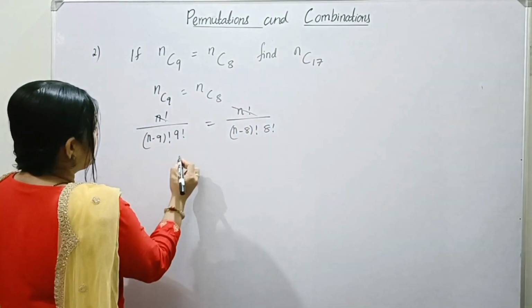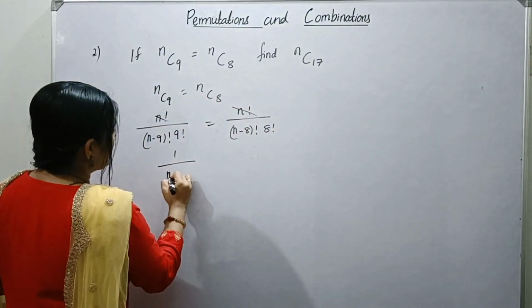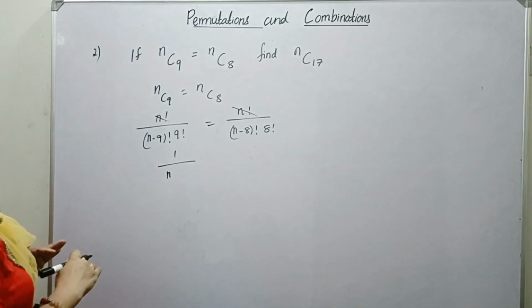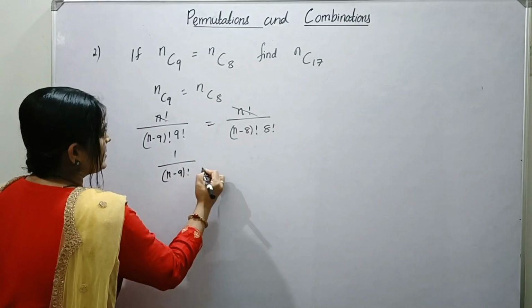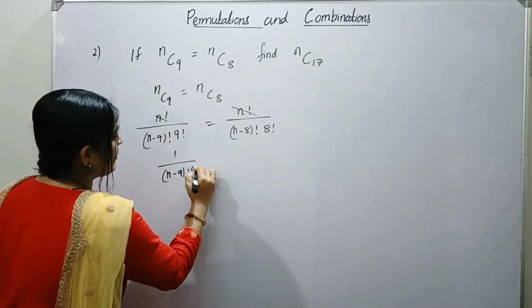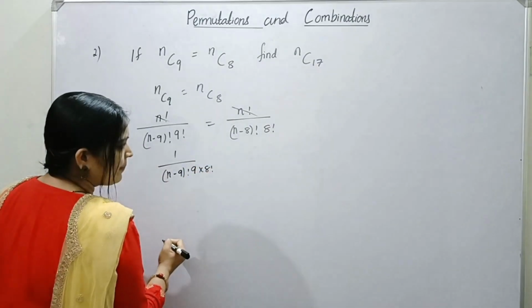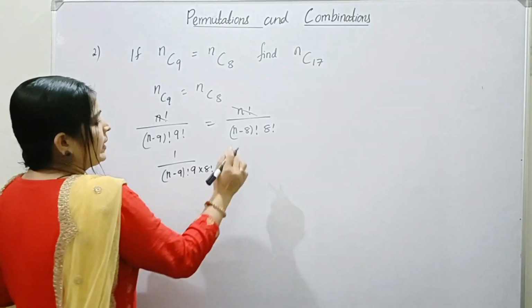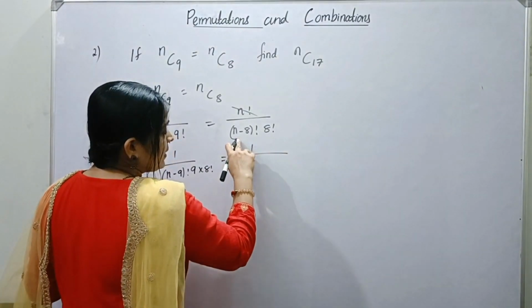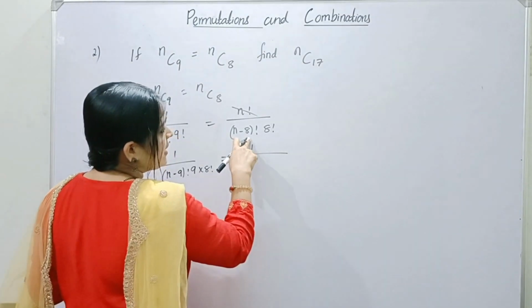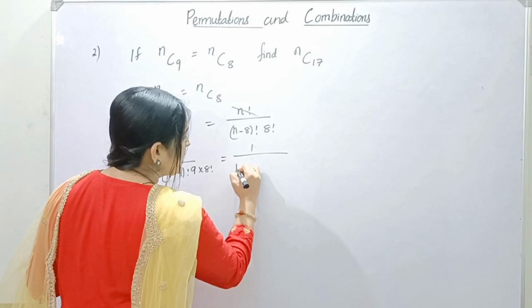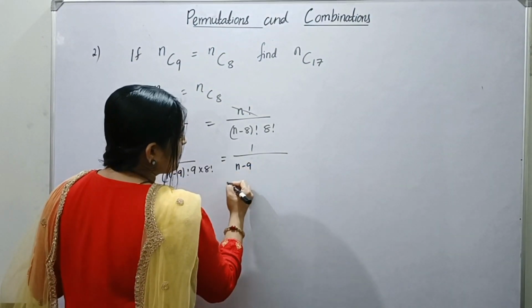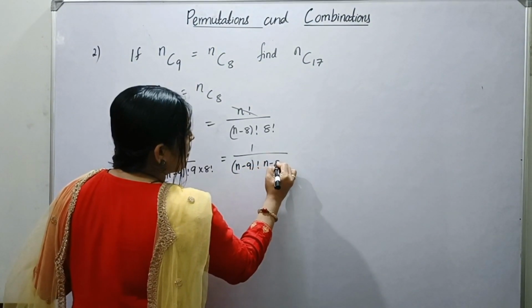Next. See, how can we write n minus 9 factorial? Write as it is. 9 factorial is nothing but 9 into 8 factorial. Here we can write n minus 8 factorial as n minus 9 factorial into n minus 8.